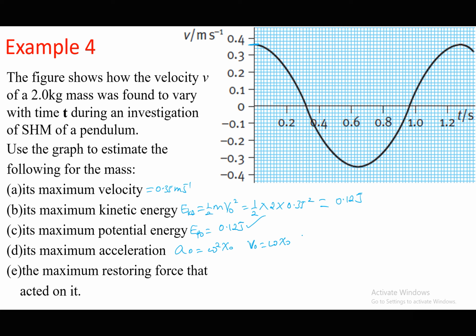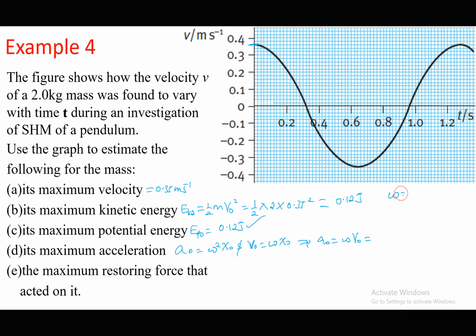So we can now combine these two equations, and we say that maximum acceleration can be equal to omega times v naught, which means we just multiply omega with v naught. We have maximum velocity. Omega, I can use the graph to find omega.